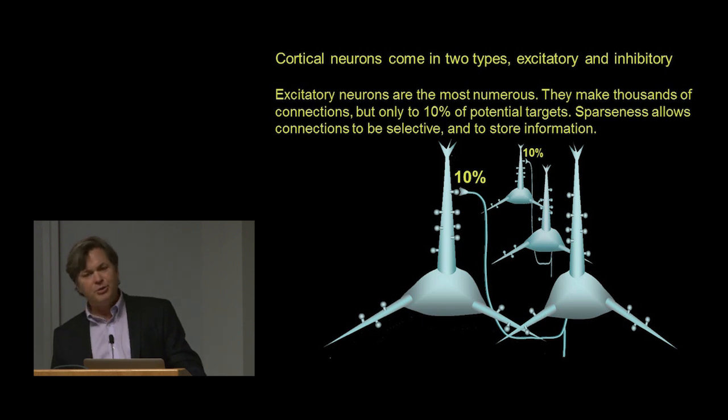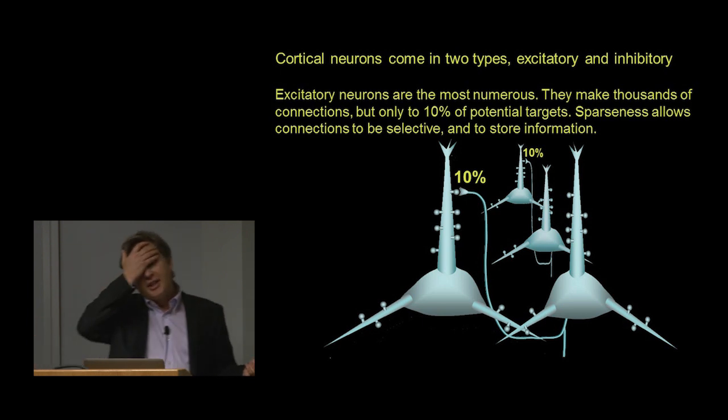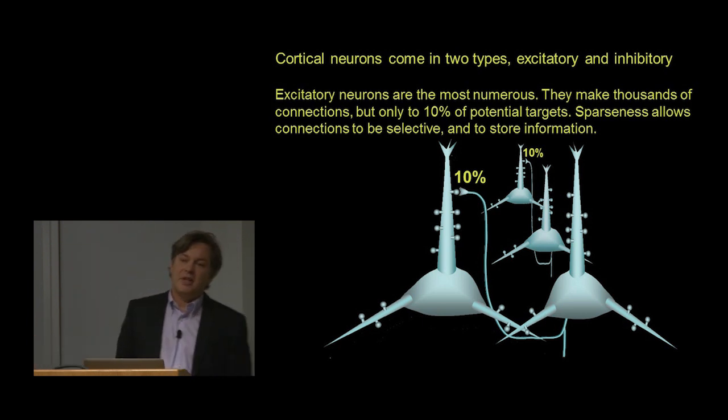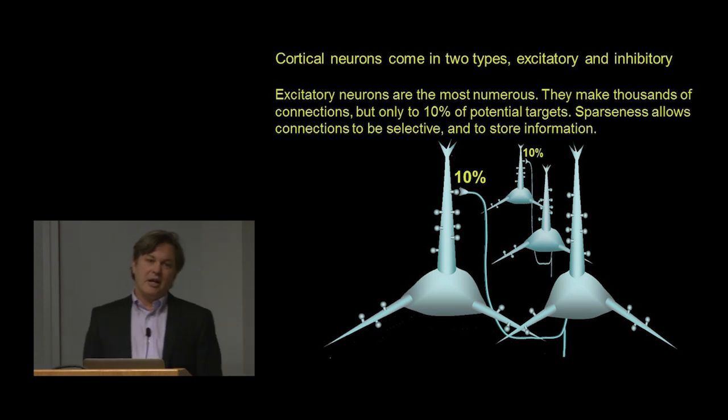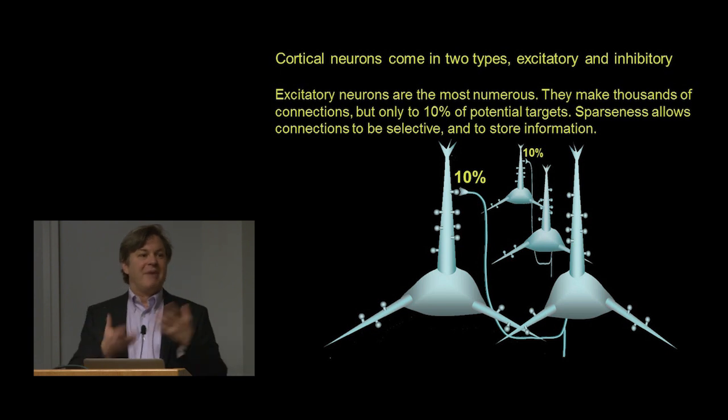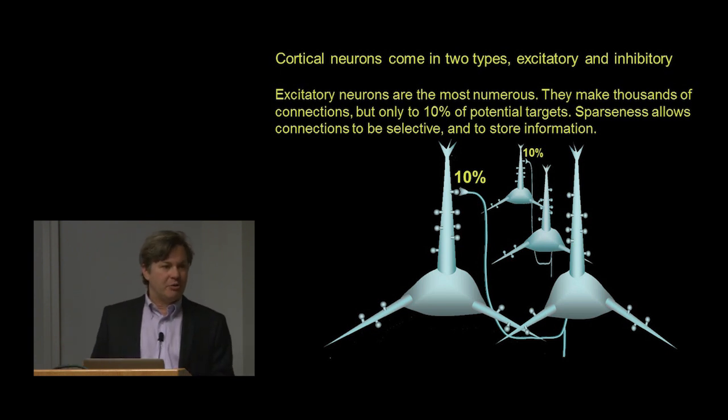So there are really two sides of the same coin, that certainly the entire brain can't be wired up randomly. If it were wired up entirely randomly, then it really wouldn't perform all of the magical computations that we know it performs in being selective for different orientations, all the way through being selective for faces.